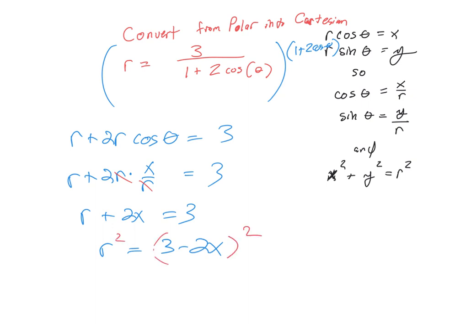The reason why, if I can square both sides, is I remember that this also is a true relationship when we're converting, just like r cosine theta is x and r sine theta is y. x squared plus y squared is r squared. Over here, then I can replace that with x squared plus y squared. And then on the right, I can just leave that for now and be done.